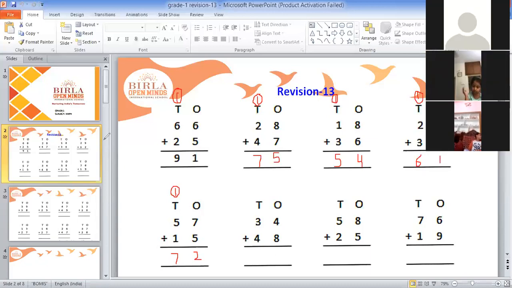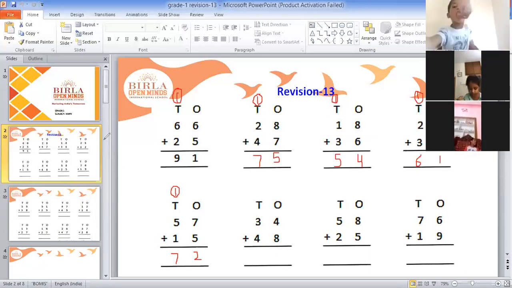Janvi. Yeah. Now read the next question. 34 plus 48. Okay. So now tell me 4 plus 8, how much? 12. Very good. And we will write only 2 in ones place and 1 will go as carry over in tens place.